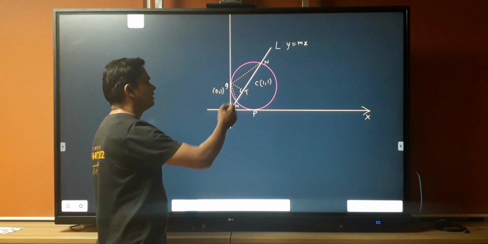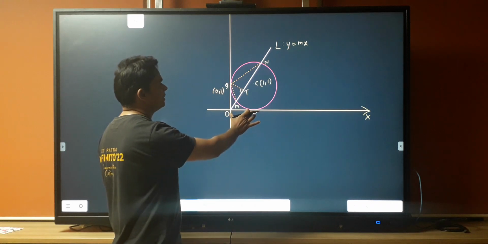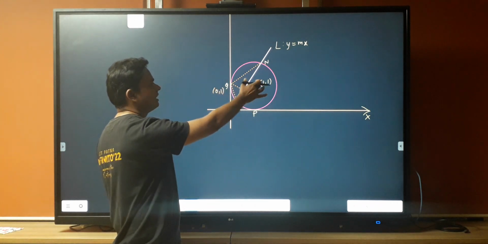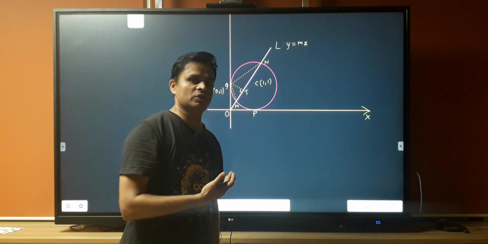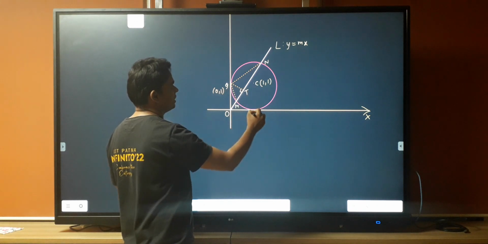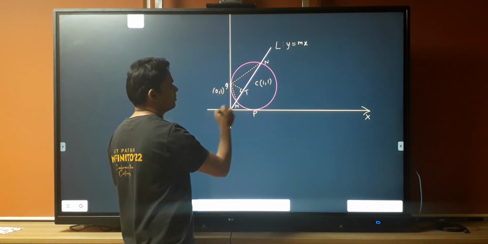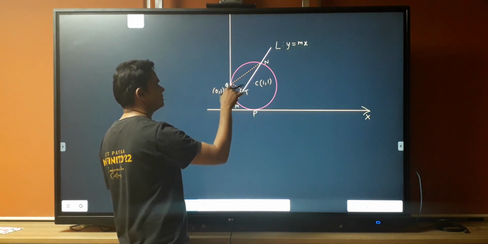It is given that the radius of the circle is 1, that means OP is of length 1 and OQ is of length 1, and the center is at (1, 1). If I join CP and CQ, CP is perpendicular to the x-axis because the x-axis is a tangent to this circle.